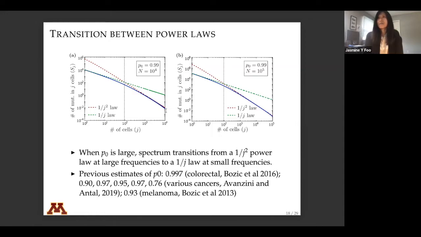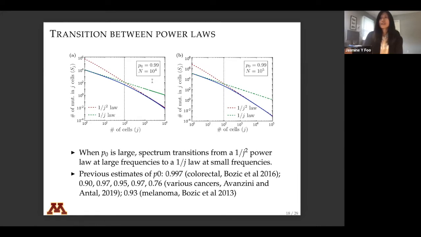And to get some intuition for this, note that the mutations that occur early on in the evolution of a large tumor are only going to be detected if they occur on the skeleton, which is why mutations at large frequencies follow the 1 over j squared law of the skeleton spectrum. But if you have mutations that occur late or right before sequencing, these mutations are present at small frequencies.